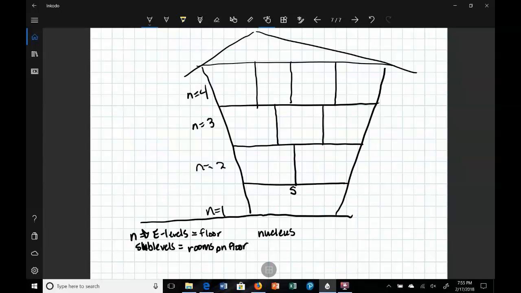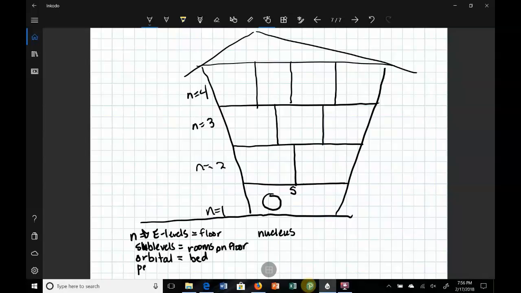So within that room, let's say there's a bed, and that bed is going to represent an orbital. Now, there are special rules in the house where you can only fit 2 people in the bed, and they have to lie foot to head.